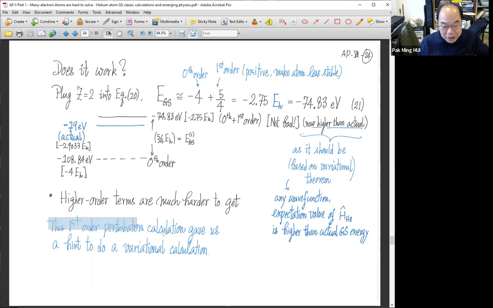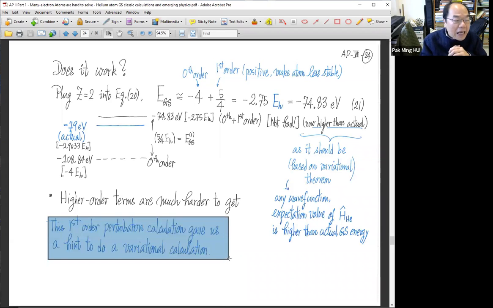The first order calculation gives us an okay result, not too bad. But more importantly, it already hinted at another calculation that we could try, and it's very worth trying. It is a variational calculation. The end result will bring out some idea about screening. We will do that in a while.